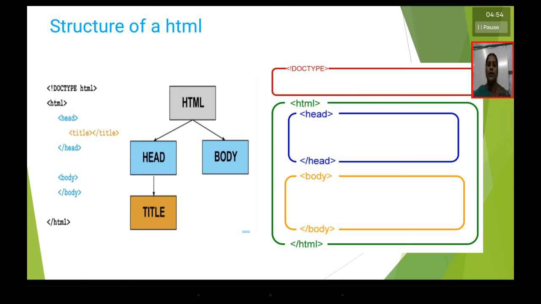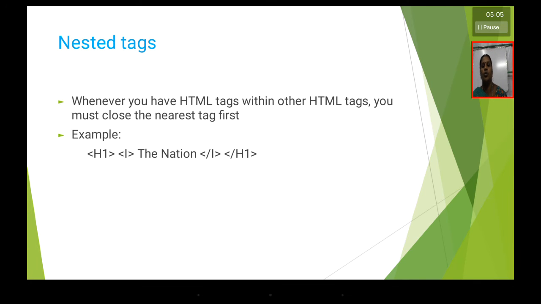In the head part, we write only the title, which we want to show at the top of our web page. The next one is the nested tag. We can write a tag within another tag. It is also possible in HTML.